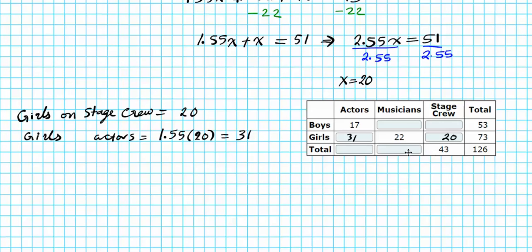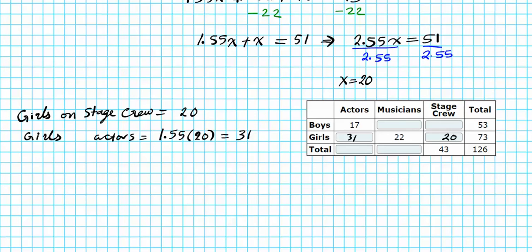If you look at the row for total, you have two missing. But take a look at actors, though. You have two known and one unknown. See this right here? So that means we can figure out the total number of actors based on the fact that we have only one unknown in this row, in this column. Okay? So let's figure that one out.